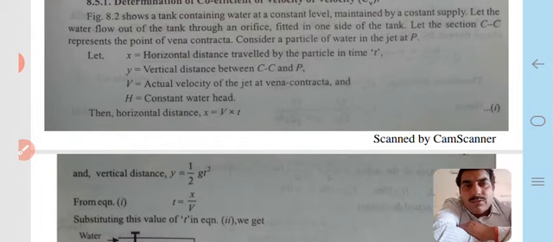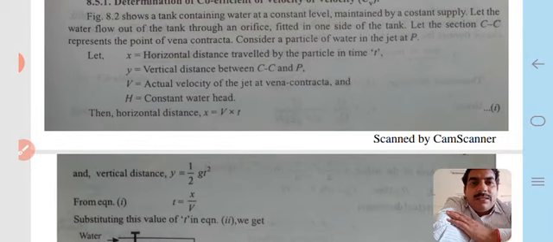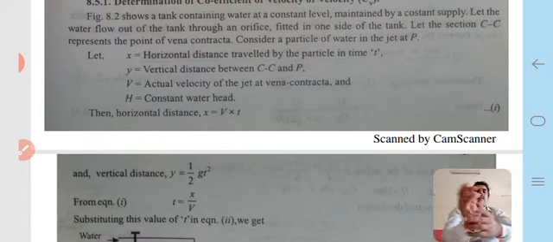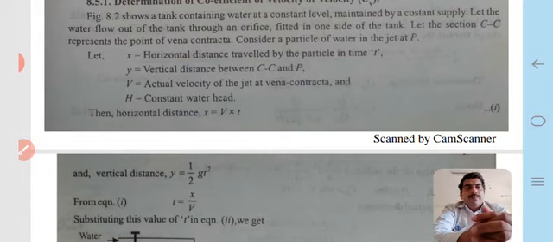Small x is equal to the horizontal distance travelled by the particle in time t, small y is equal to the vertical distance between section CC and P, which is shown in the diagram, v is equal to the actual velocity of the jet at vena contracta, and capital H is equal to the constant water head.